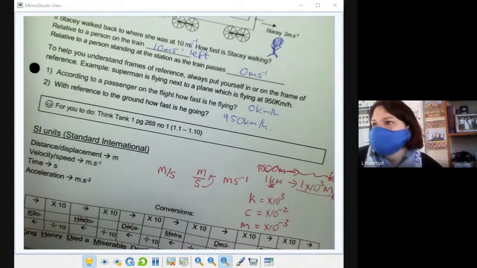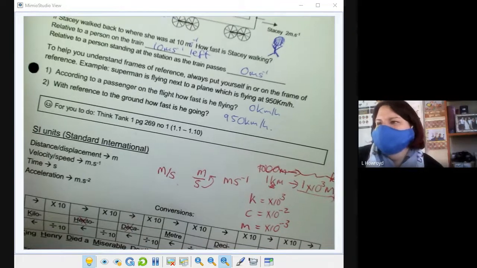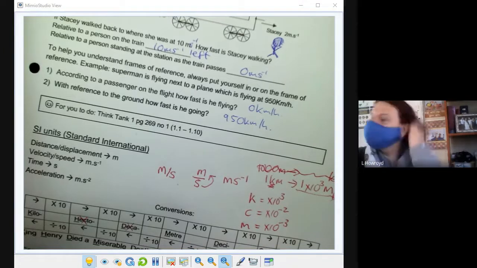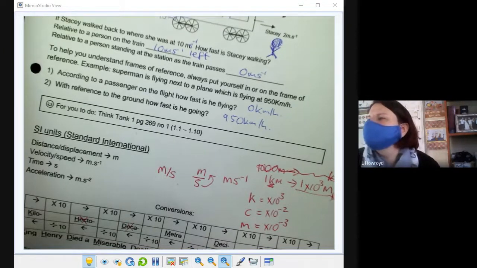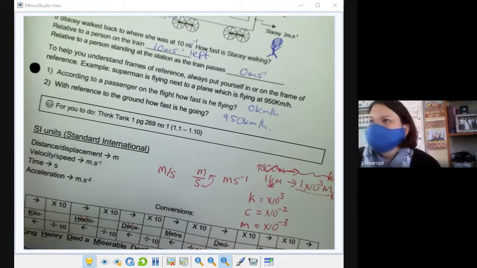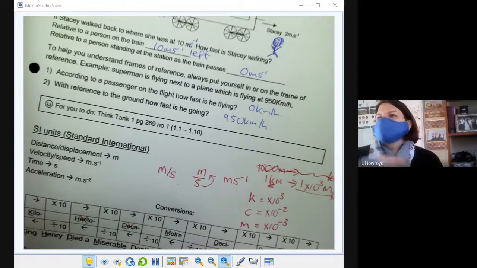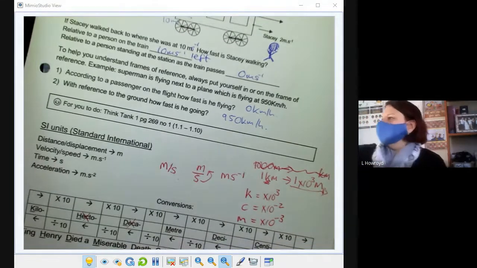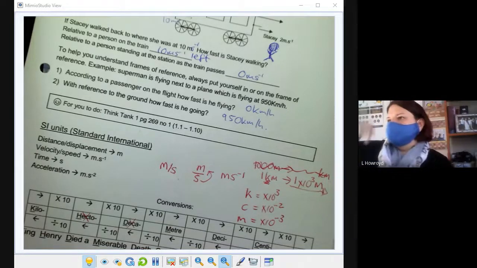Now you have to know those polygon methods. You know what it is? It's if you walk and you walk and you walk, and there's a whole lot of little distances, and then somebody just runs straight from there to you.